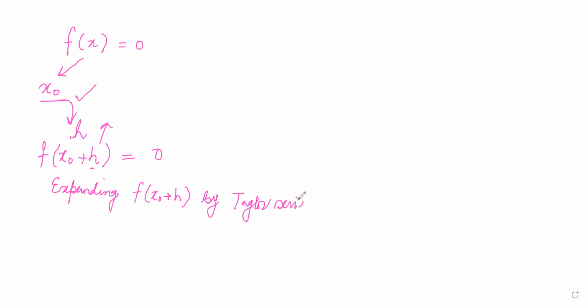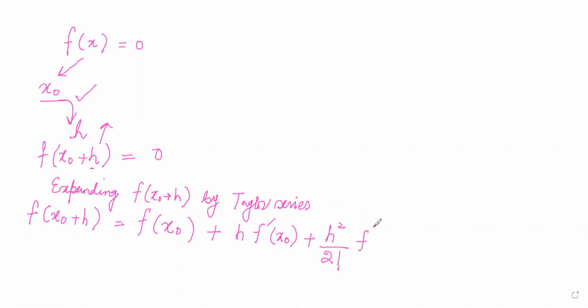By Taylor series expansion, f of x naught plus h will be equal to f of x naught plus h times f prime x naught plus h square by 2 factorial f double prime x naught, and so on, plus h raised to power n divided by n factorial f n x naught.